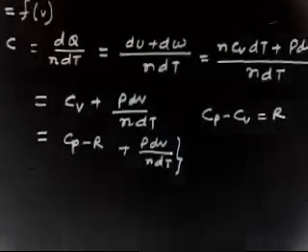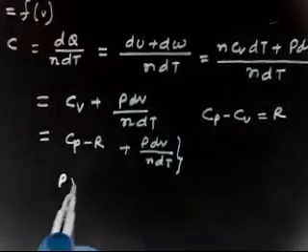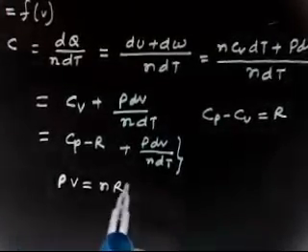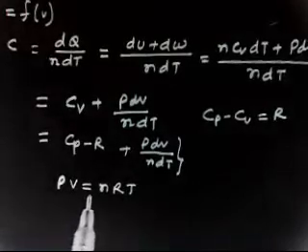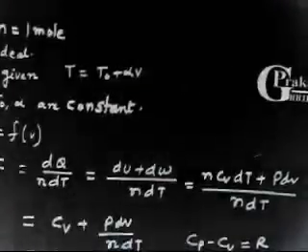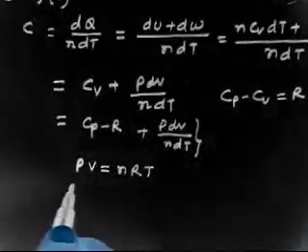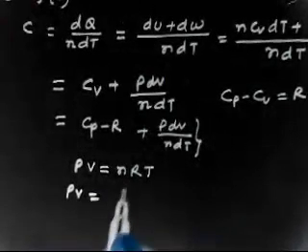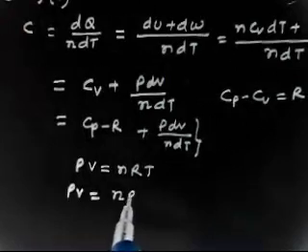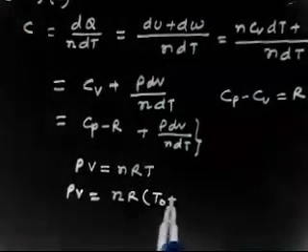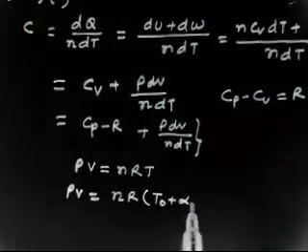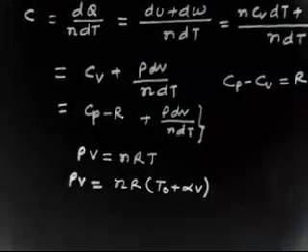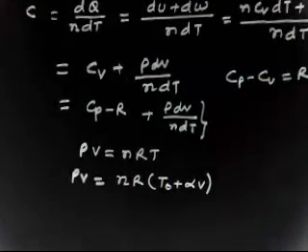Okay, let us see. I have PV equals nRT, and T is given by T naught plus alpha V. So I can write PV equals nR times T naught plus alpha V. Are you getting? Now I need to eliminate dT. So how can we proceed?